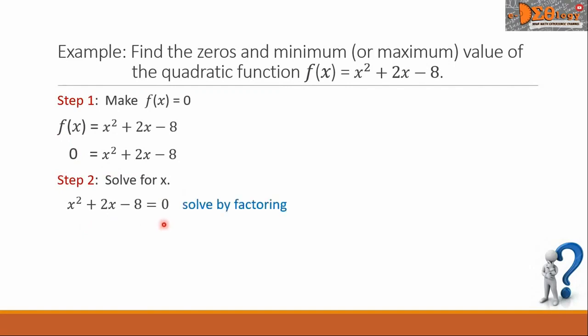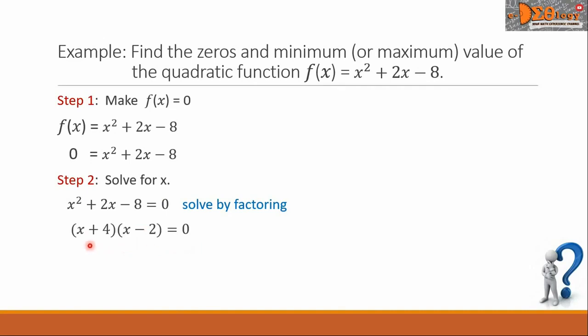Solving for x, let us use factoring. Please review our video regarding factoring of trinomial. So when we factor our trinomial here, we have two factors which are both binomials. So we have x plus 4 times the quantity x minus 2 equals 0.